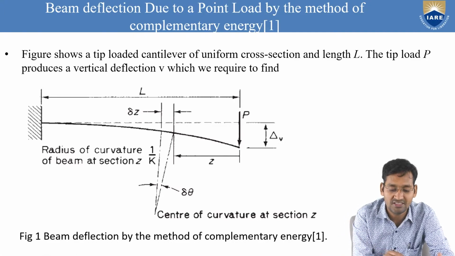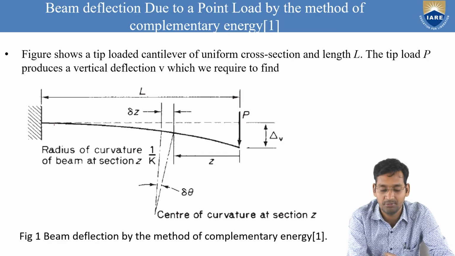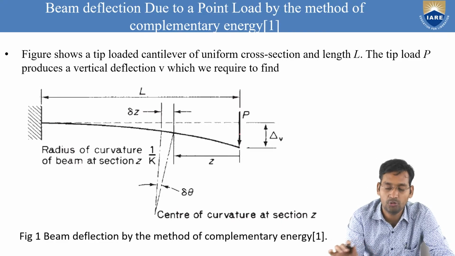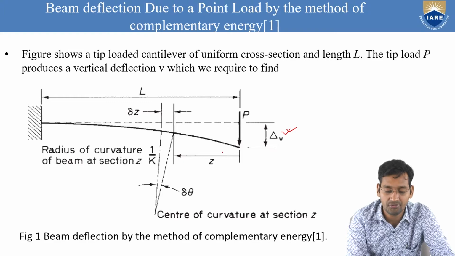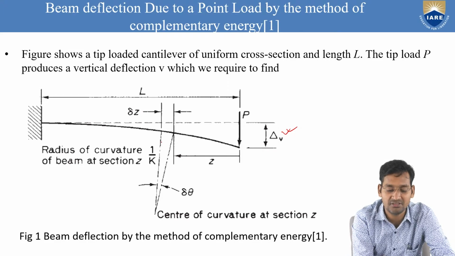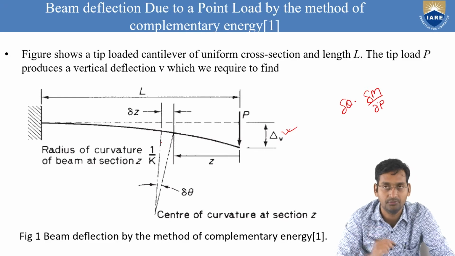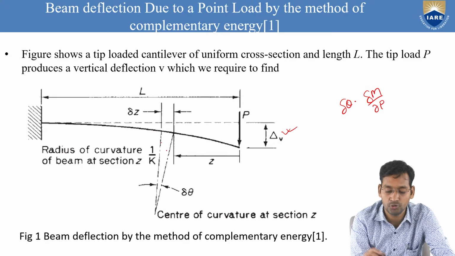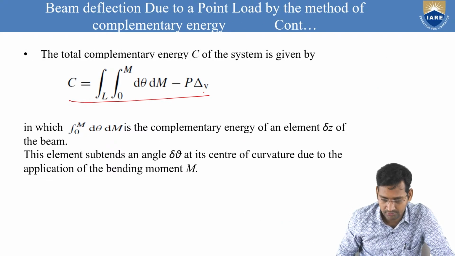There, one load was acting at the tip itself, with no other load, only the point load at the tip, and because of that the vertical deflection was delta V. In that case, we assumed at a distance x some delta thickness, then found the radius of gyration because we required dou theta and dou M by dou P. First we found dou theta, and this is the energy equation for the point load.